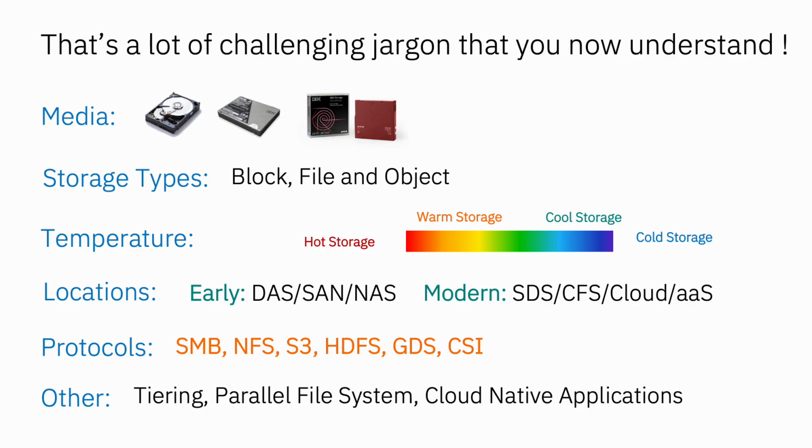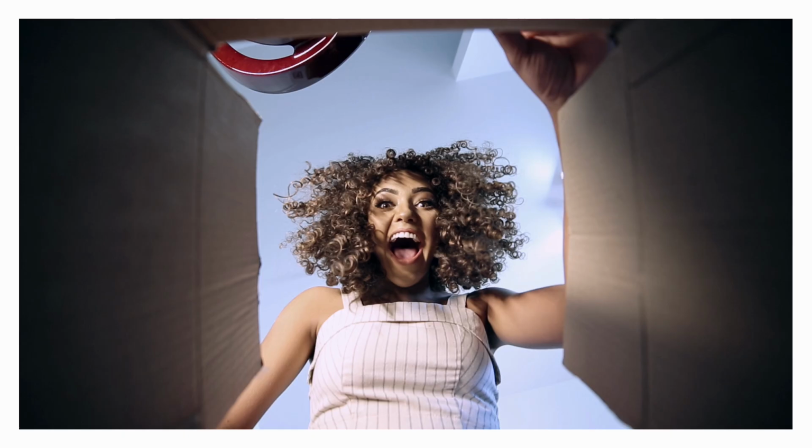So that's a lot of stuff. Look at you. You're empowered. So pat yourself on the back, go listen to your favorite music, go eat some ice cream or whatever it is you do to celebrate, because if you're here now, that means you got through a lot of challenging jargon. You're also empowered. You're smart. You're ready to have conversations with your storage people or storage vendors or people in IT. So pat yourself on the back and feel great.